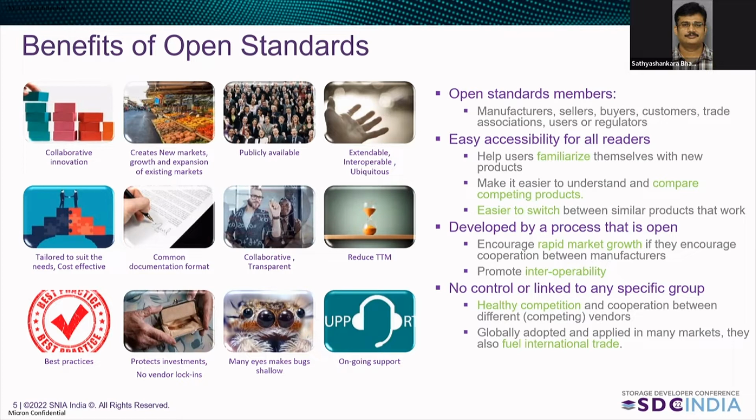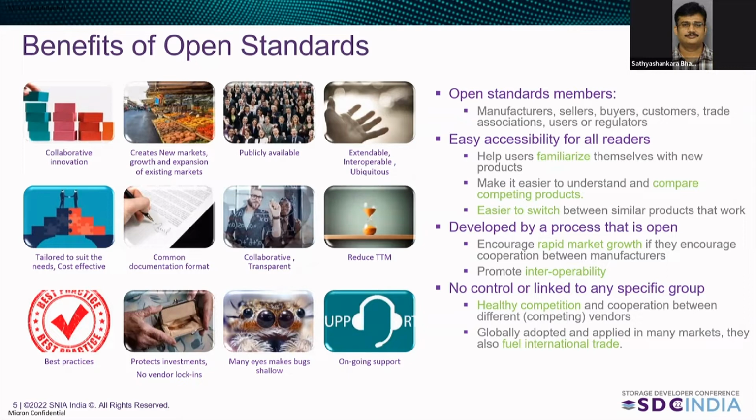Open standards are publicly published, so accessible to all readers. When a product is baselined upon open standards, it's easy for anybody to compare products from multiple vendors. Since it's easily adoptable, extendable, and promotes collaboration between manufacturers, it enables rapid market growth in that segment or area.